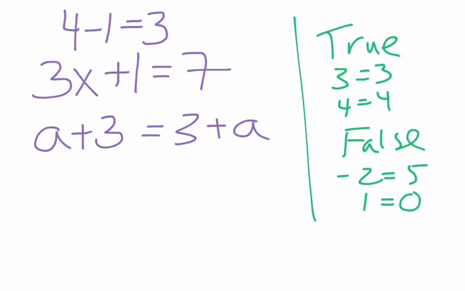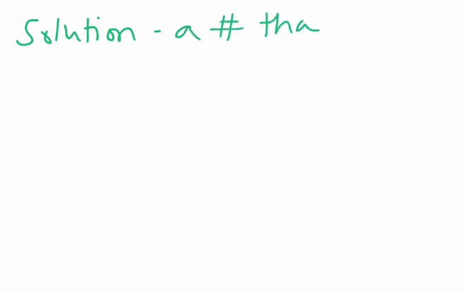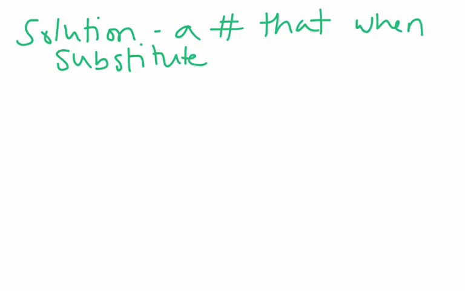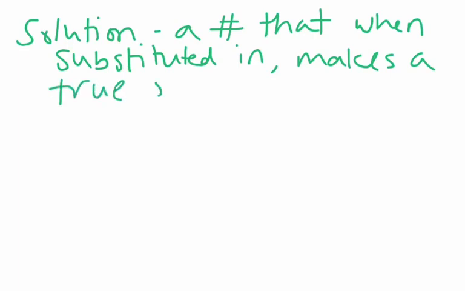When a number is placed into an equation and the equation ends up being true when you simplify it, that is what's called a solution. So a solution to an equation is a number that, when substituted in, makes a true statement.